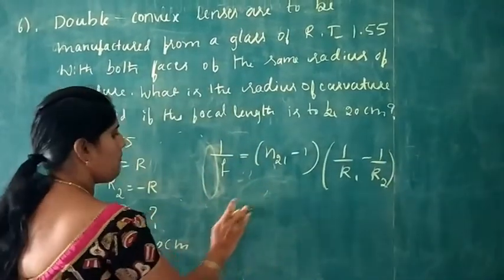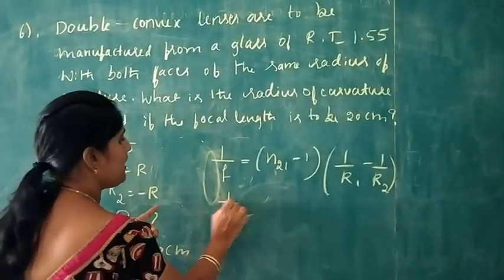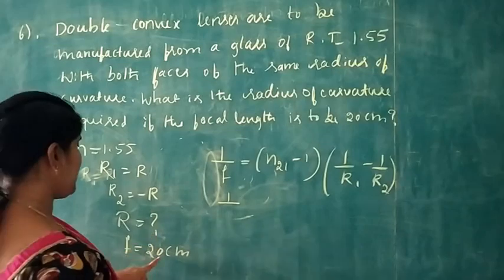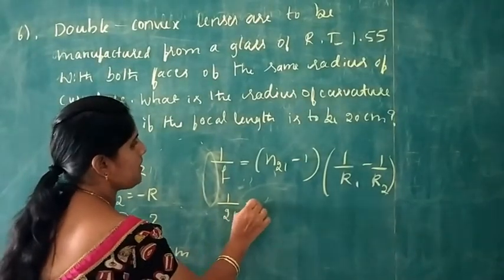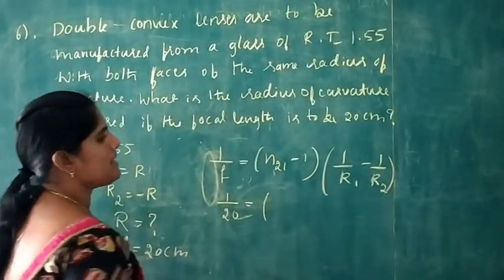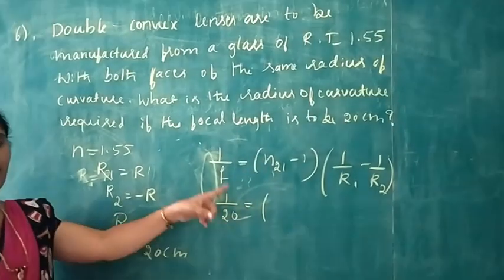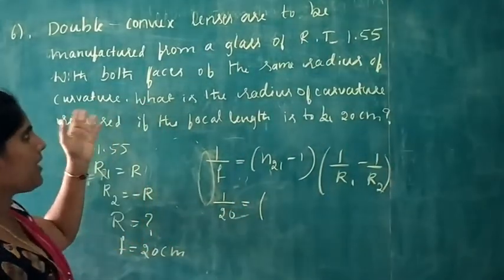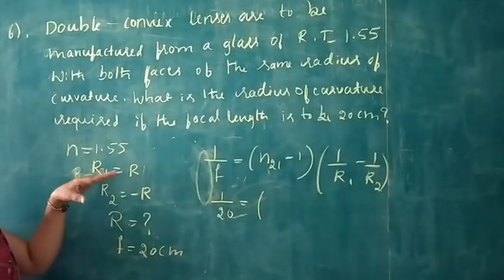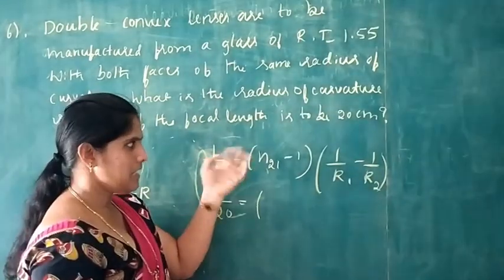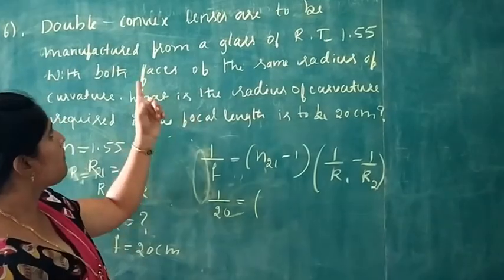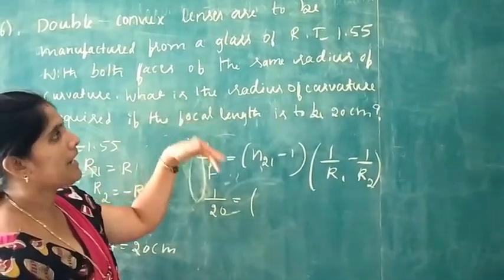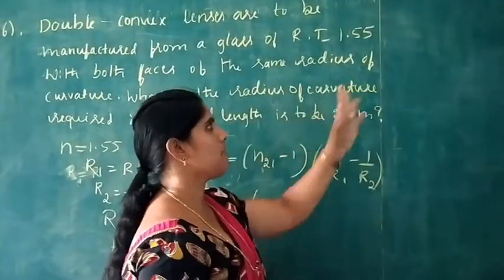So 1 by f, here 1 divided by 20, is equal to n21, which means n2 by n1, the refractive index of the second medium with respect to the first medium. The refractive index of the first medium, air, is 1, and the second medium, glass, is 1.55.